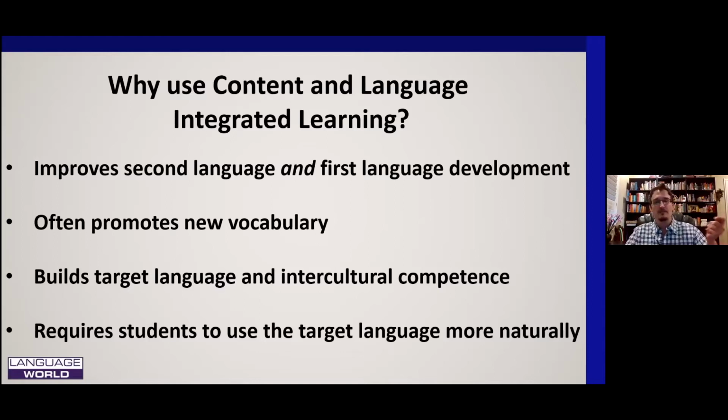And many of you might be thinking, we already do this. Content and language integrated learning is not really new. Universities have been doing it for a long time, right? Whether it's been Spanish, English, French in the past, or German. When you take those courses, you're also taking another subject matter.